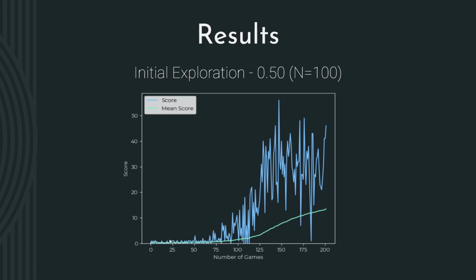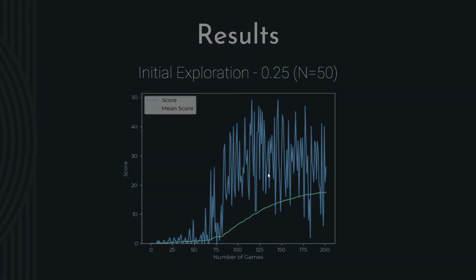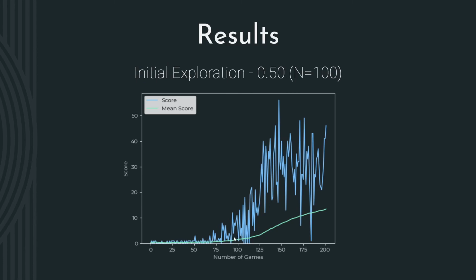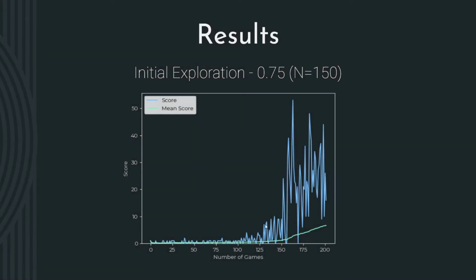You can see that because it takes this distance from here to here, around 110 games, it looks like, to really get good at it, and it has a much steeper jump from a lower number to a higher number. Compared to here, it's more of a gradual increase going up, and over here it gets steeper. Now if I increase the initial exploration even more, you can see this gets really steep.